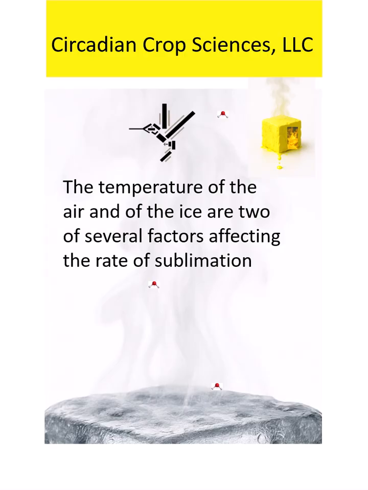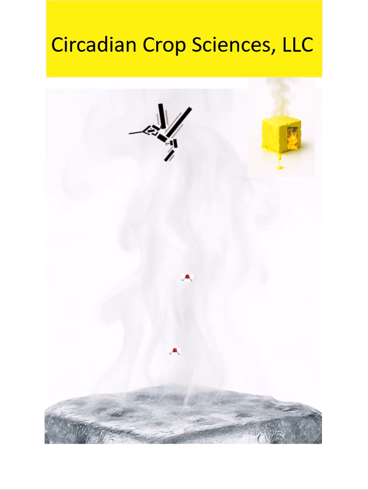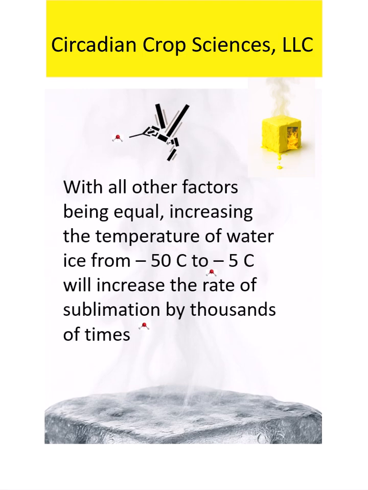The temperature of the air and of the ice are 2 of several factors affecting the rate of sublimation. With all other factors being equal, increasing the temperature of water ice from minus 50 degrees Celsius to minus 5 degrees Celsius will increase the rate of sublimation by thousands of times.